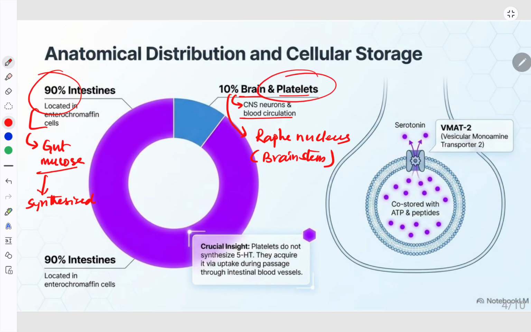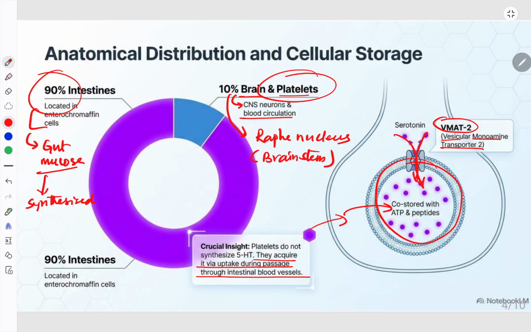Platelets do not synthesize 5-HT; rather, they obtain it via uptake when they are passing through the intestinal blood vessels. When they pass through the intestinal blood vessels, the 5-HT present in the enterochromaffin cells is taken up by the platelets into their cells, and inside the cells it is stored in storage vesicles, where there is an uptake into the vesicle through a specific transporter known as vesicular monoamine transporter 2.